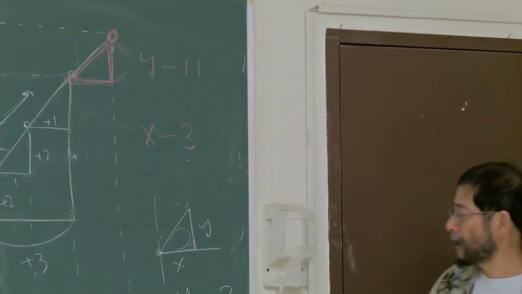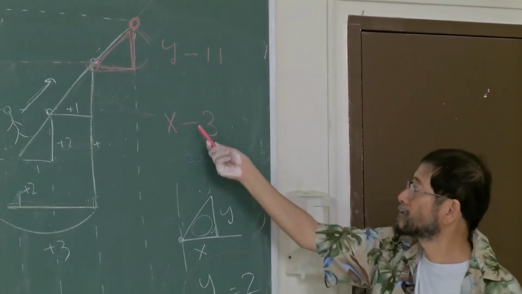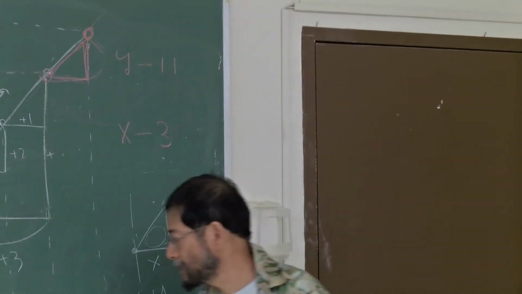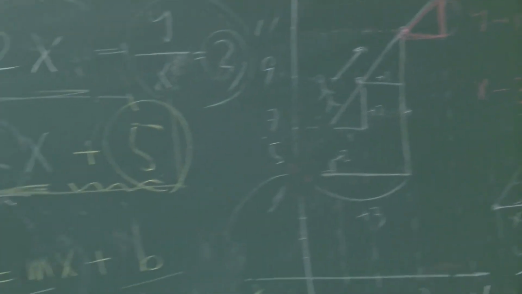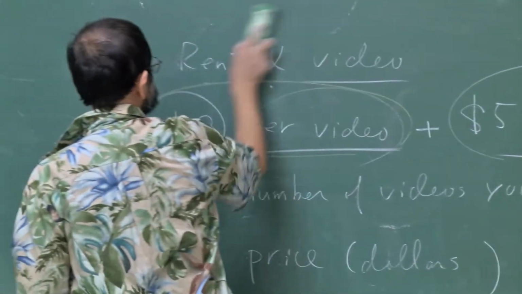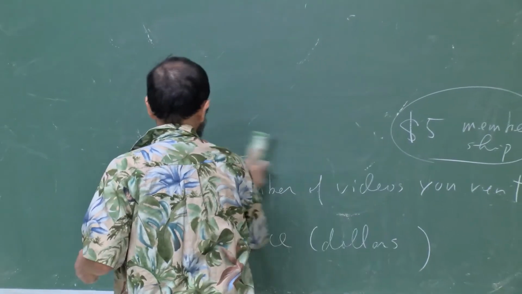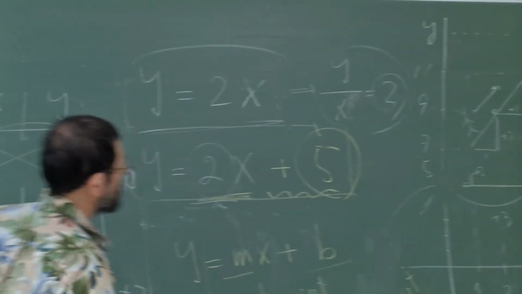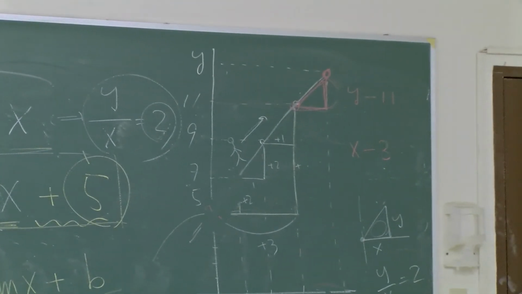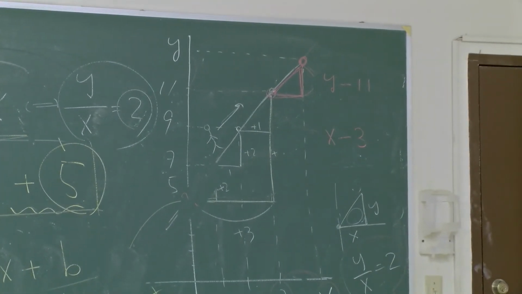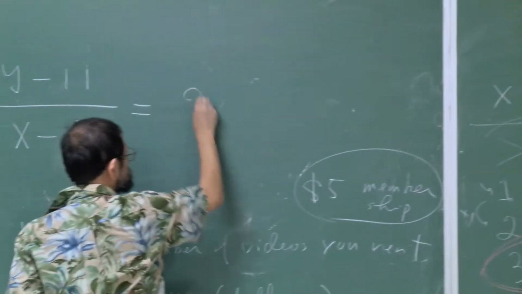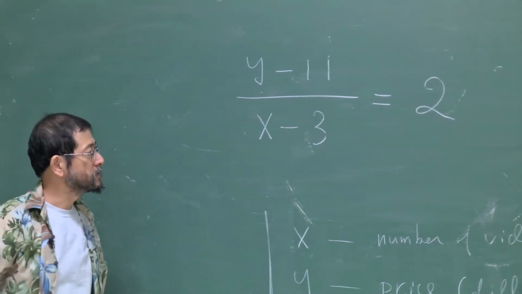So now I want to apply this idea to the new lengths of this triangle. So instead of y over x, I have these two triangles giving y minus 11 over x minus 3 equals 2, which is the slope.